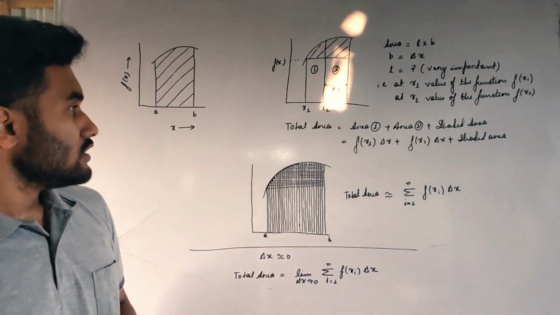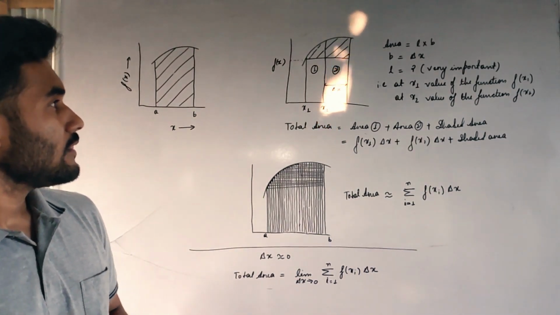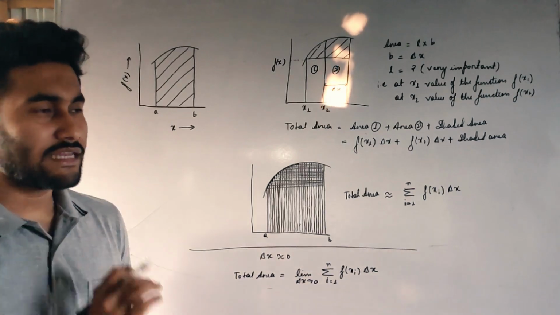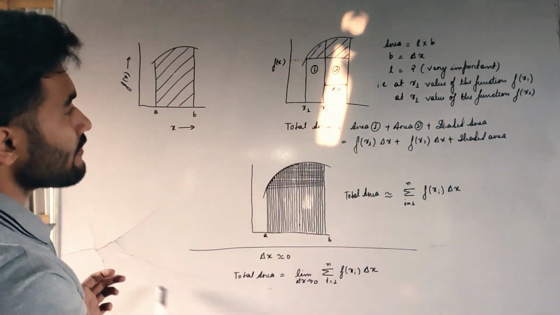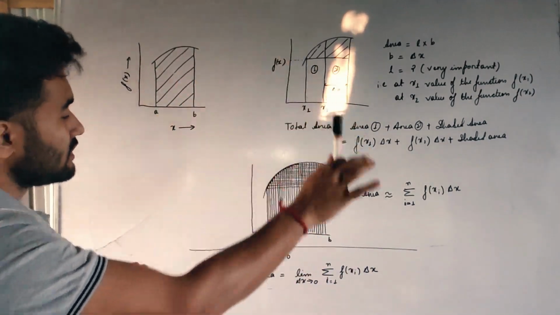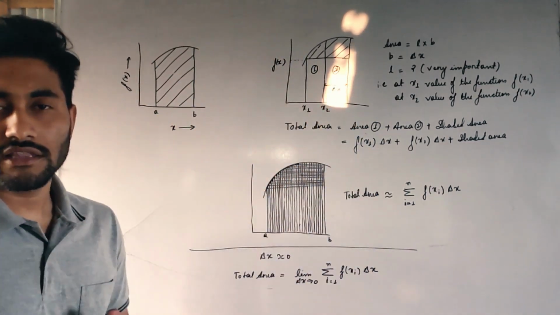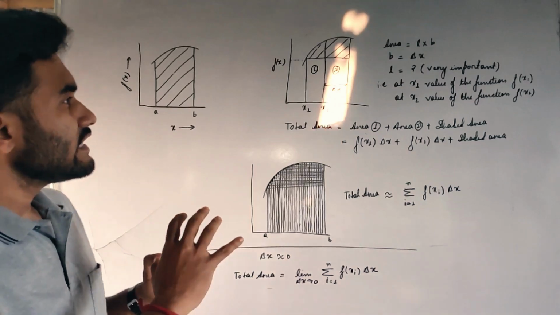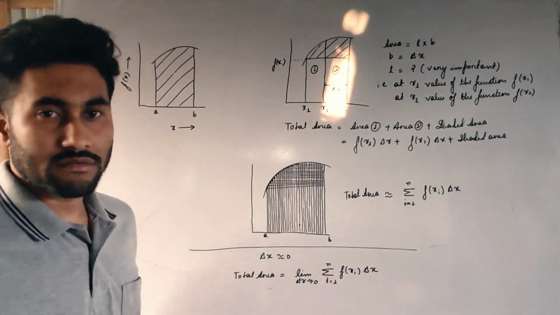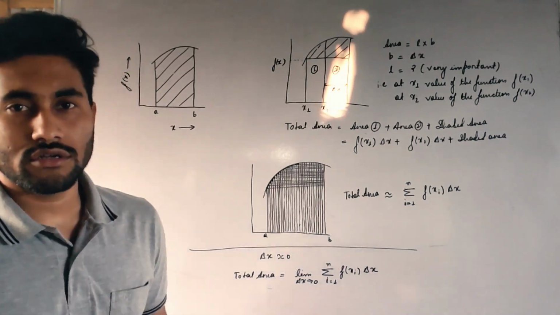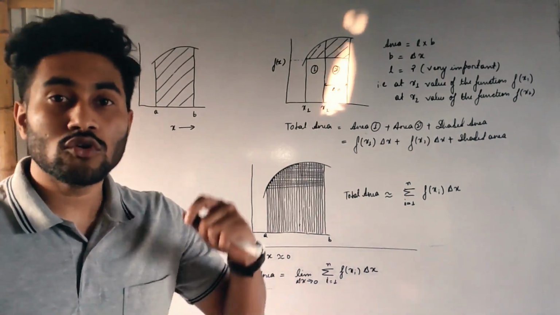So see, problem solved, but not exactly. Why? Because this solution, whatever you have understood here, how mathematicians finally got this jugaad to find the area under the curve, it is good to listen. It is good to look at on paper.